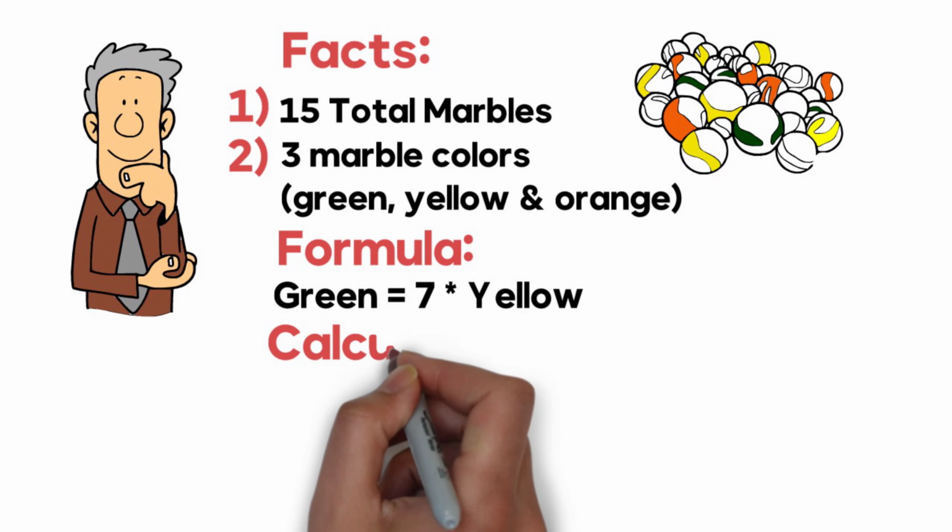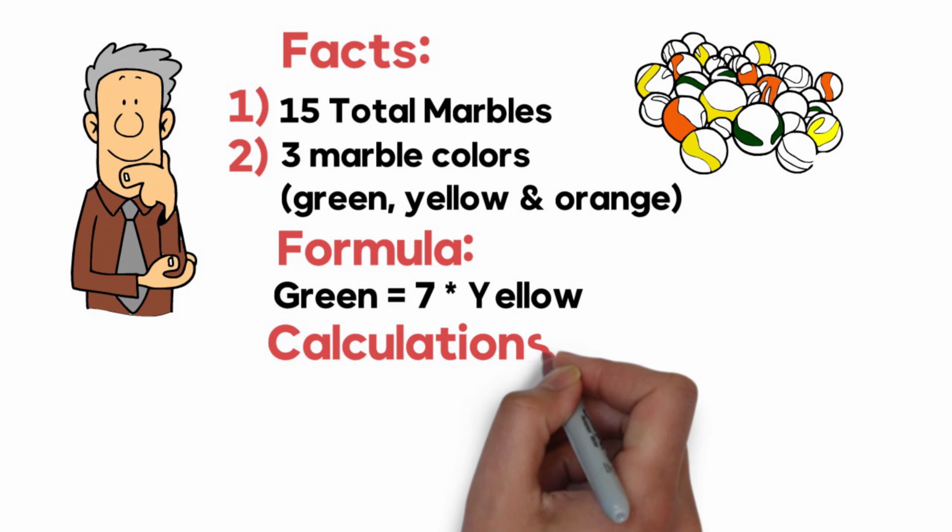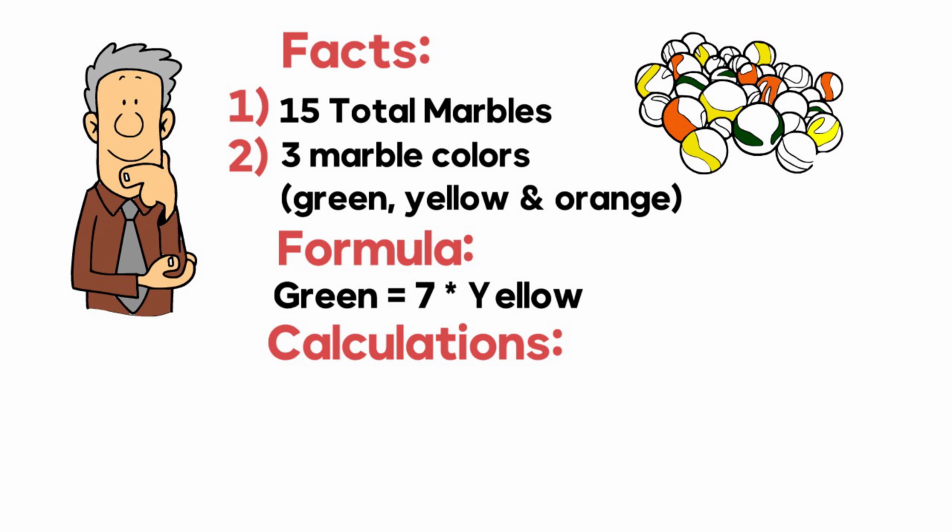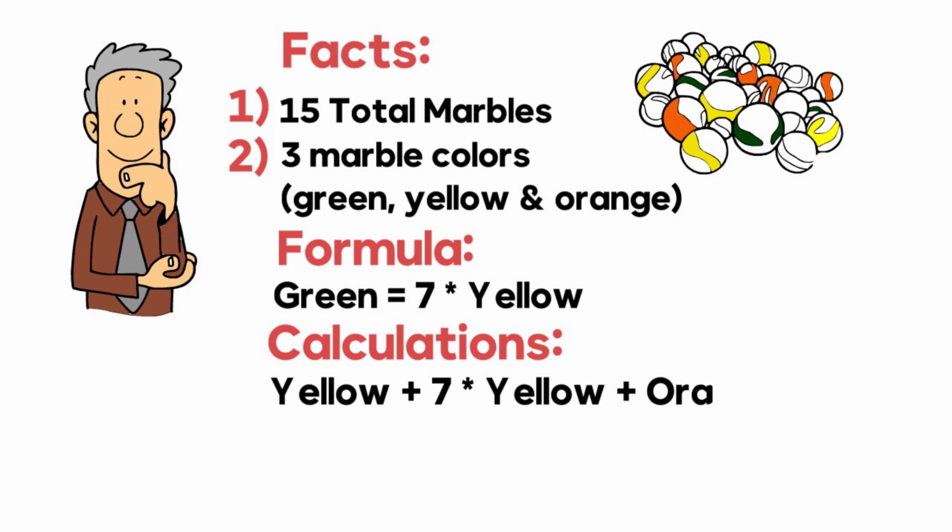With this type of information, we can easily build the calculations, and we will base our calculation off of yellow marbles. The calculations will be yellow marbles plus 7 multiplied by yellow marbles plus orange marbles equals 15.